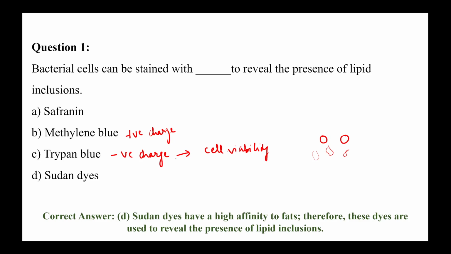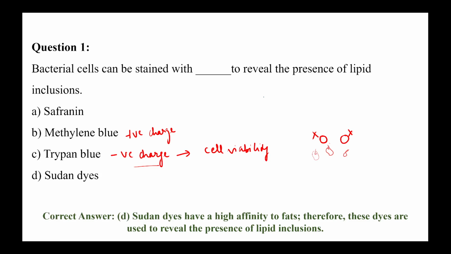When we stain with trypan blue, since trypan blue is a negatively charged dye and the membrane is also negatively charged, trypan blue cannot enter the live cells. It can only enter the dead cells, and dead cells have certain pores present on the cell surface, so dead cells can take up the trypan blue. When you observe under the microscope, the dead cells will appear blue in color.